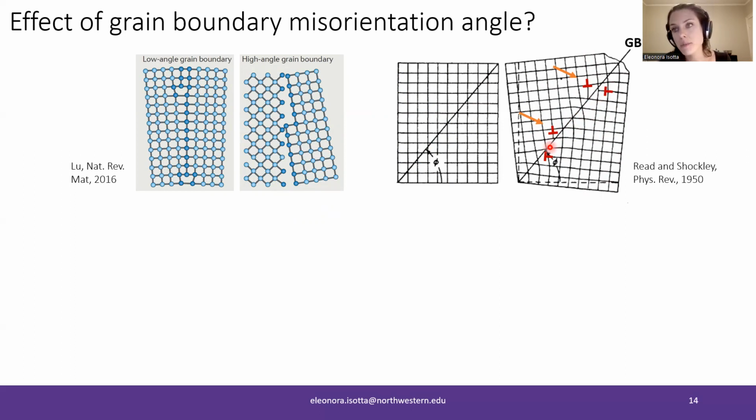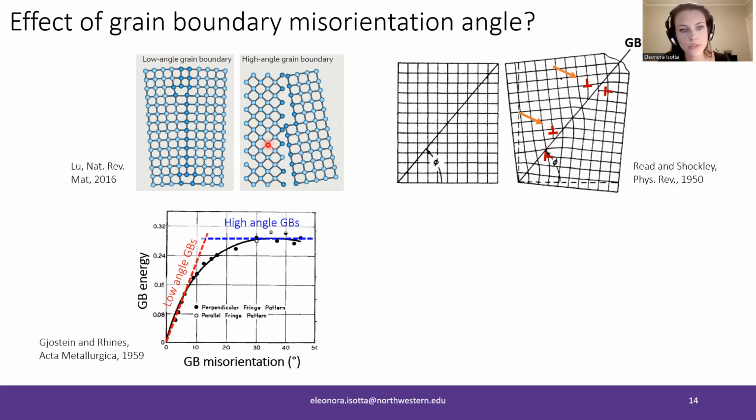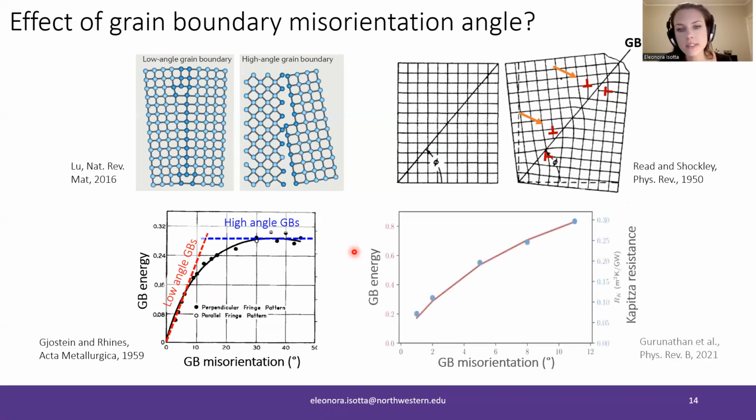So the higher the misorientation angle, the denser is this array of dislocations. And this is also at the origin of the increase in grain boundary energy with grain boundary misorientation angle. And there are some literature studies that actually show that the thermal resistance of grain boundaries, also known as Kapitza resistance, should be correlated with the grain boundary energy. So should also increase with the grain boundary misorientation angle.